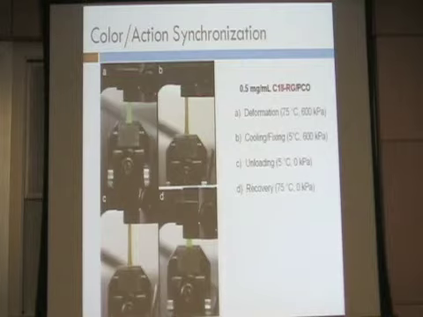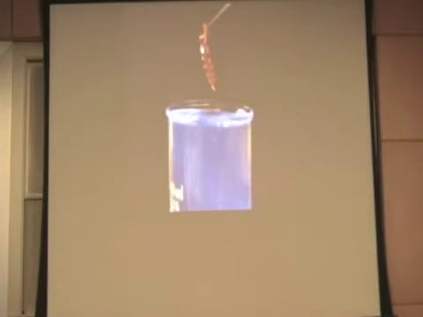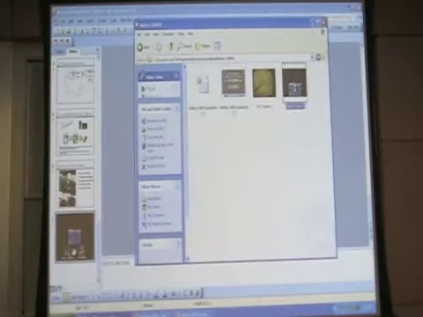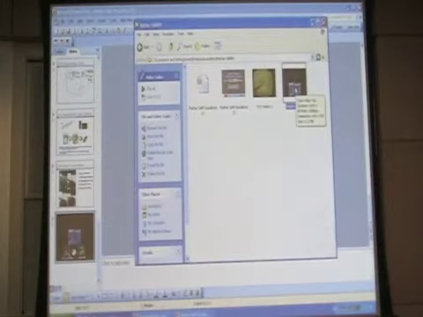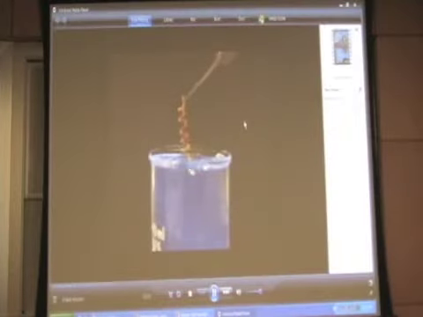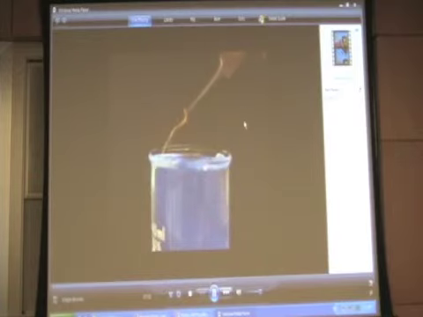However, and this is the fixed state, when we heated it again, recovery happened at the same time as the color change, which I think I'll show you maybe outside of there. Like this, you can see the shape change in synchronicity with the color change.